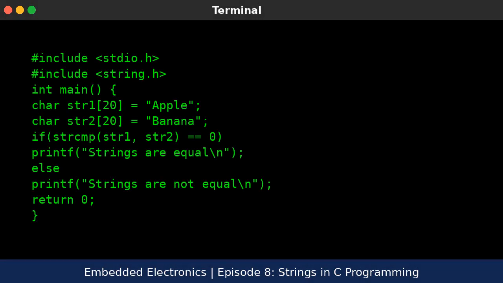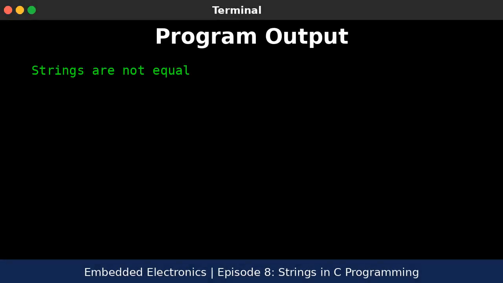This example compares two strings using strcmp. Since apple and banana are different, it prints that the strings are not equal. The output of example 4, compare two strings, is as follows. Strings are not equal.